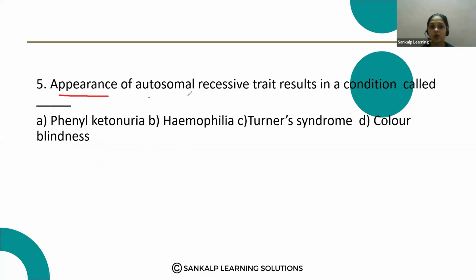Appearance of autosomal recessive trait results in a condition called phenylketonuria, hemophilia, Turner syndrome, color blindness. Here, autosomal recessive, that is phenylketonuria.